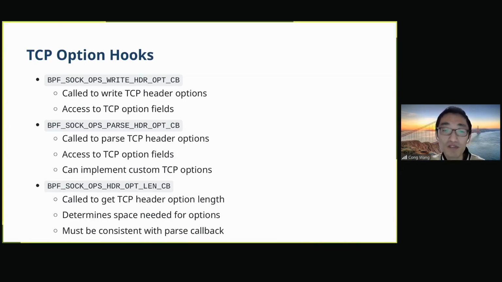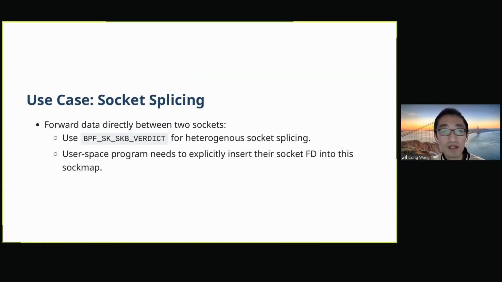They are very, very useful if you have your own information within the TCP option to carry over the network. This is a little bit complicated because it also relates to the length of the header, but I think as long as you read the documentation and some examples, they are not that complicated.